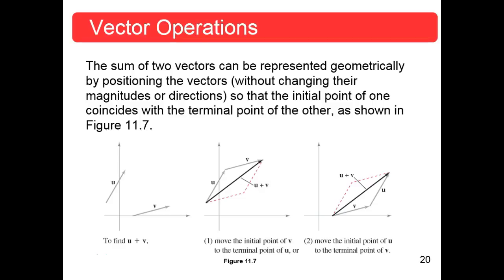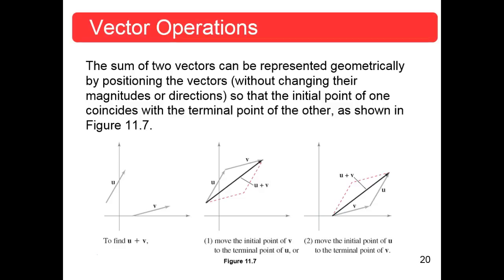Now, the sum of two vectors can be represented geometrically by positioning the vectors, without changing their magnitudes or directions, so that the initial point of one coincides with the terminal point of the other, as shown here. If this is your vector U, and there's your vector V, they definitely have different directions.